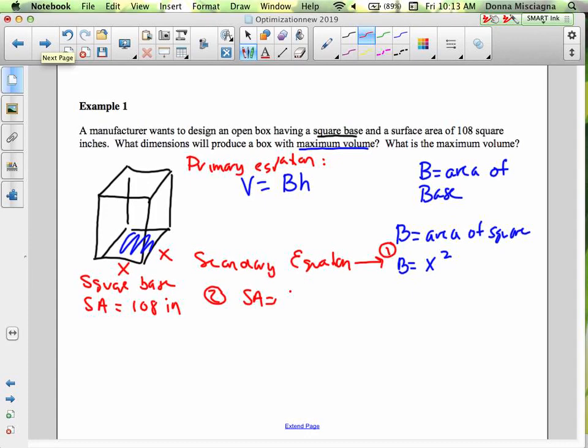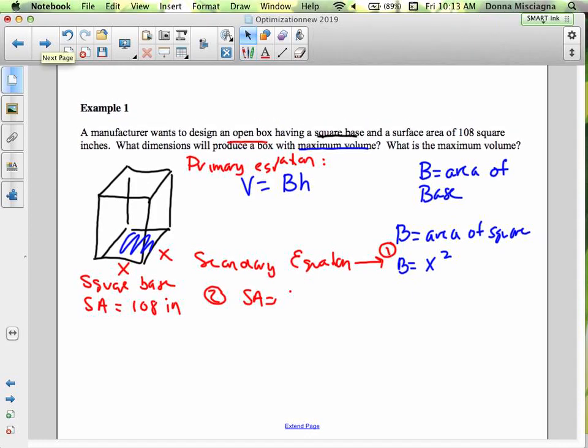Do I need two bases? Open box. Make sure you look to see if this is a closed box or an open box. This is an open box. So not two bases, just one base, plus perimeter times height. That's the formula for surface area. Basically, it's a formula for the surface area of anything that's only got one base.